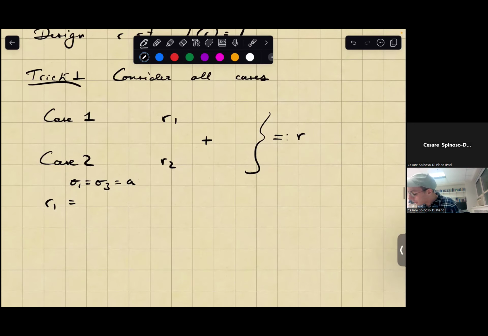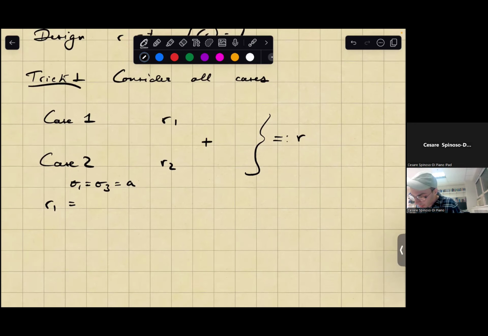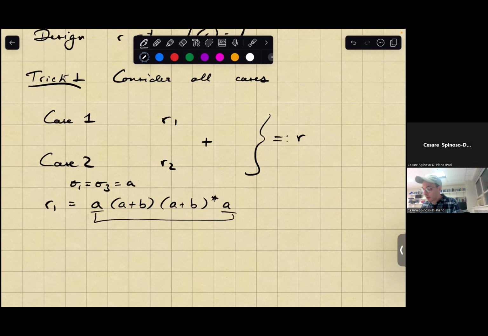R1 would just be: sigma 1 has to be A, so the first part of the regular expression is A. This enforces the strings to start with an A. Then I can have either an A or B. Then I have my string that can be anything, so (A or B) star. Then I have my A again, because sigma 1 has to match sigma 3. And then I have A or B.